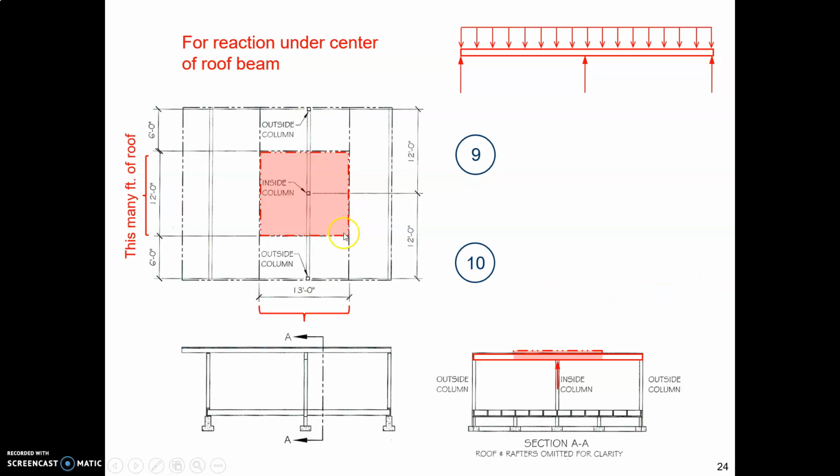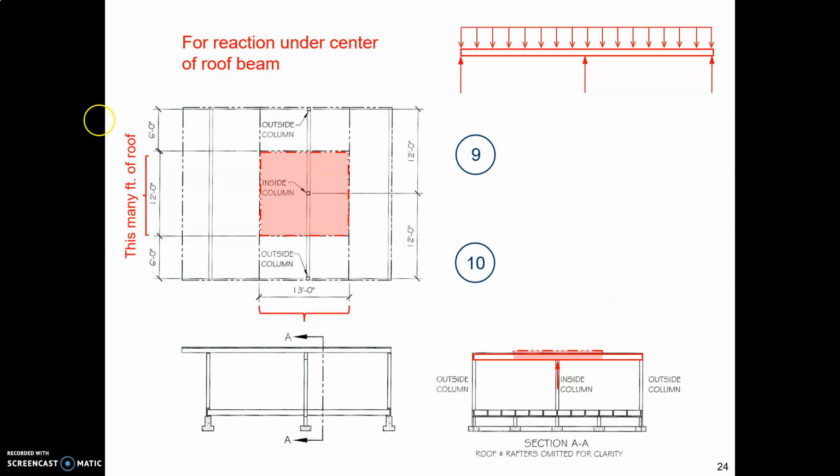First, let's look at the middle column. So halfway between one column and the next column is 6 feet. Between that column and the next column, halfway is 6 feet. So this middle tributary area is 12 feet deep, and again, it's 13 feet wide. So what is 12 feet times 13 feet? Get out your calculator.